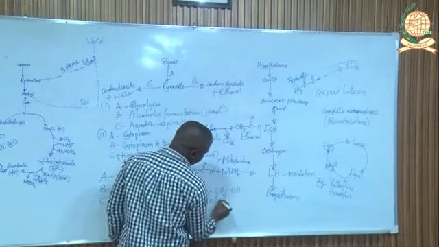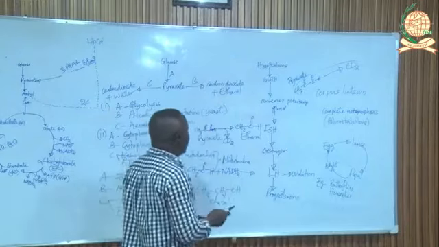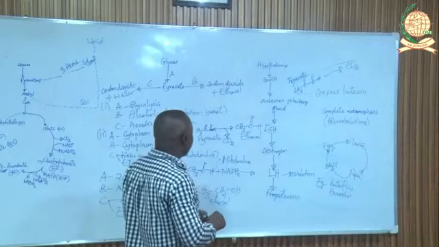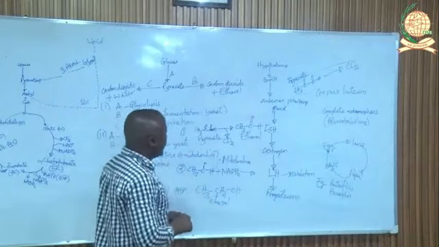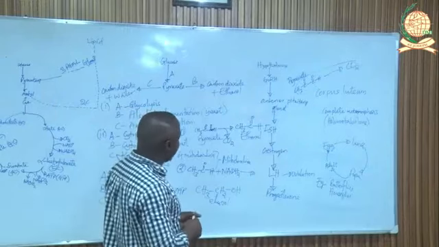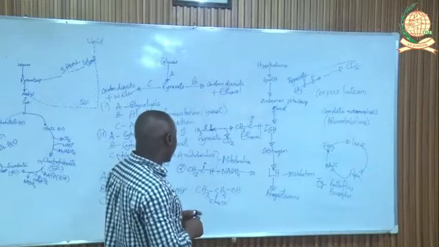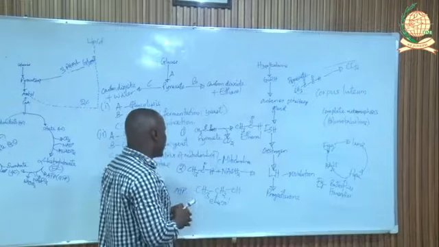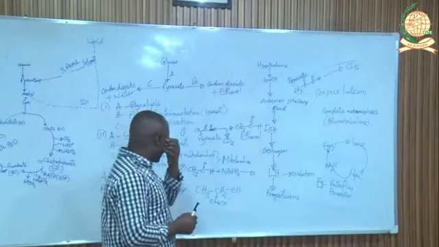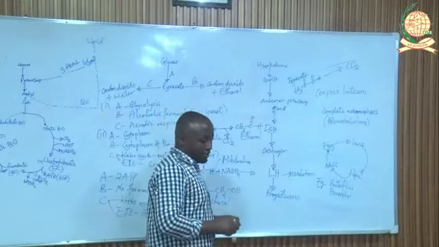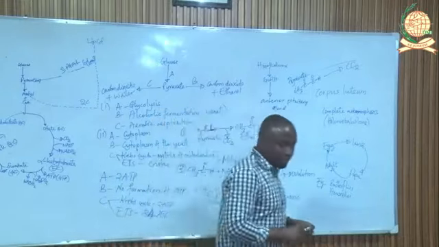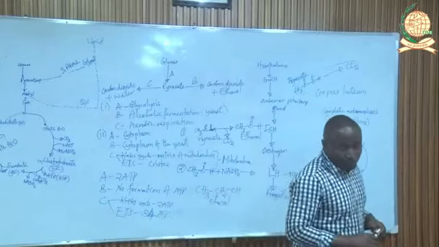So it involves 2 stages. Decarboxylation, where pyruvate is converted to ethanal and carbon dioxide is evolved, then ethanal is converted to ethanol by accepting a pair of hydrogen. And that marks the end of our session. Thank you.